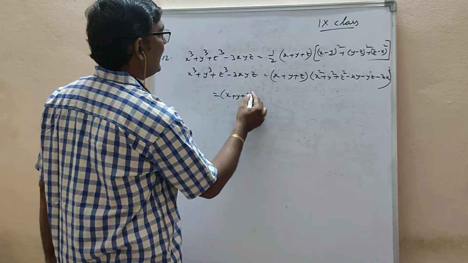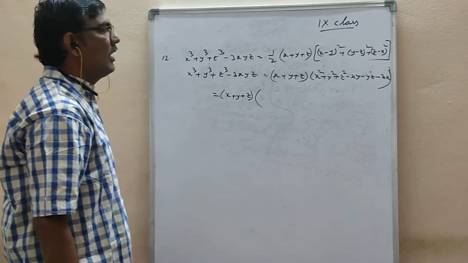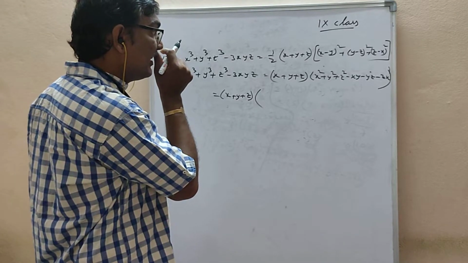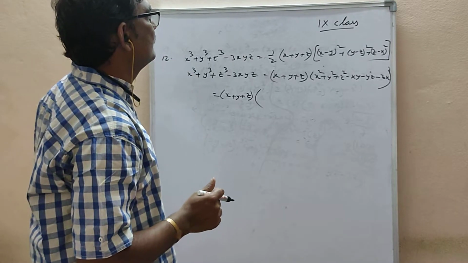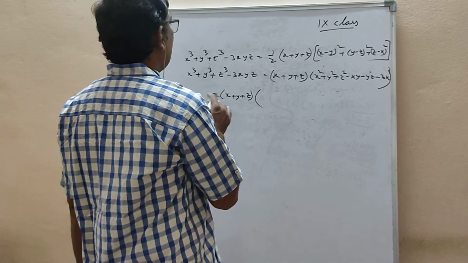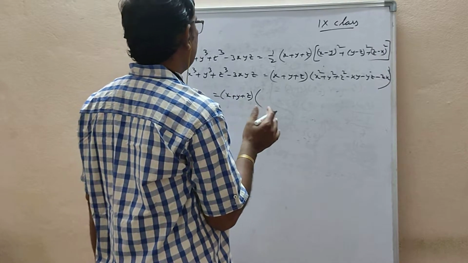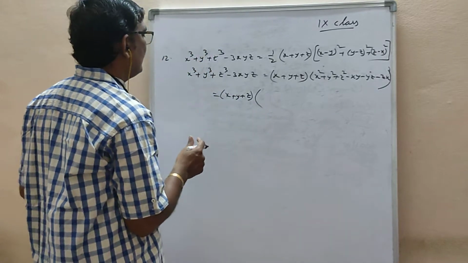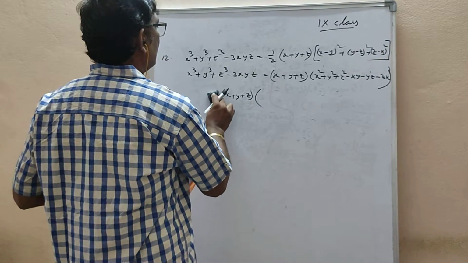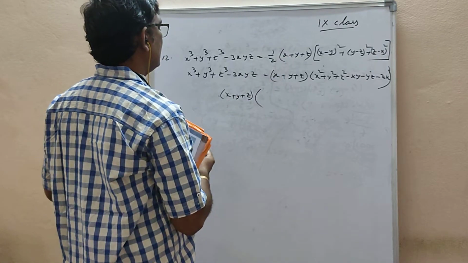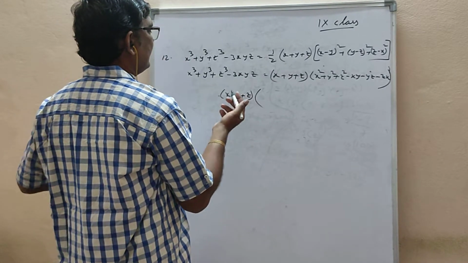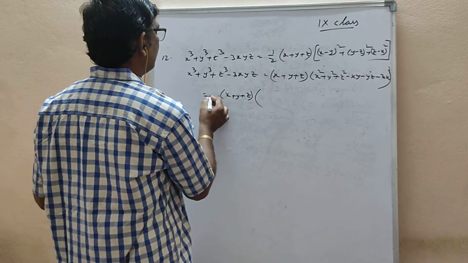X plus y plus z as it is here. Okay. Now what I am doing is, I want to multiply with 2 and divide with 2. Here you are seeing 1 by 2 in the answer or not? So what you have to do is multiply and divide with 2 here.